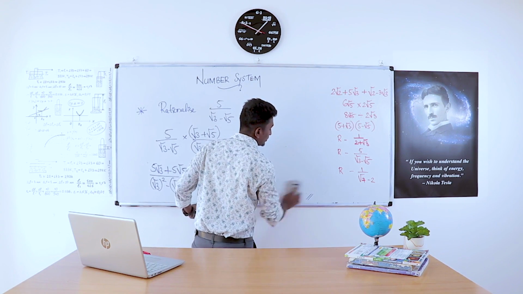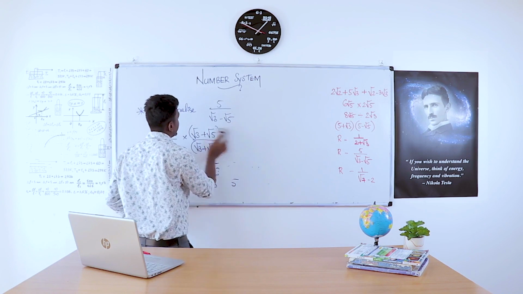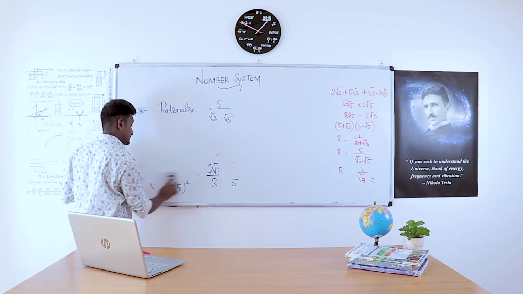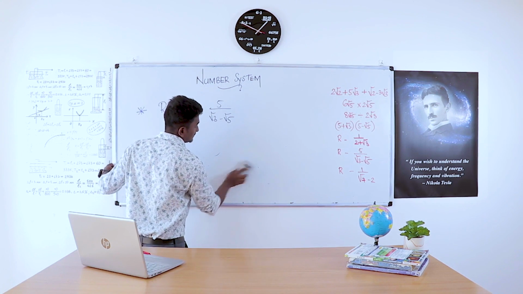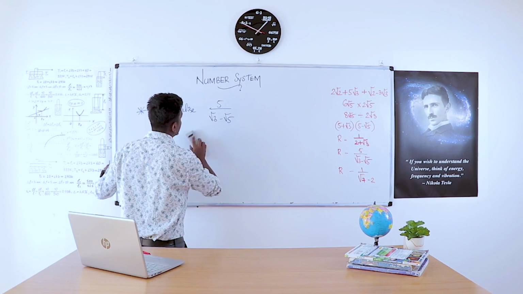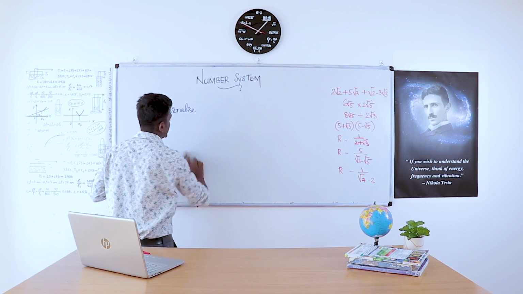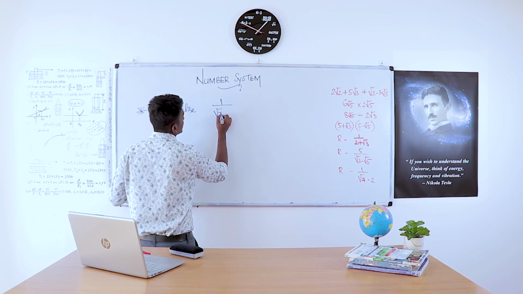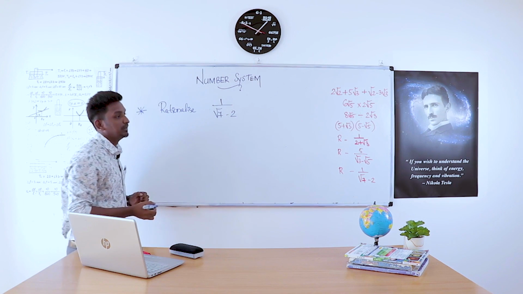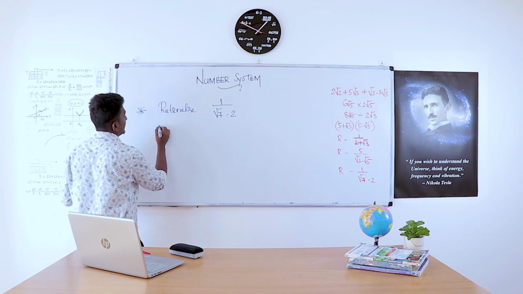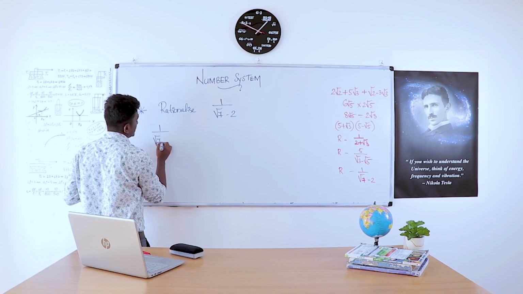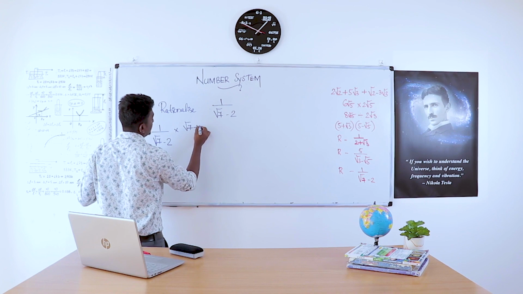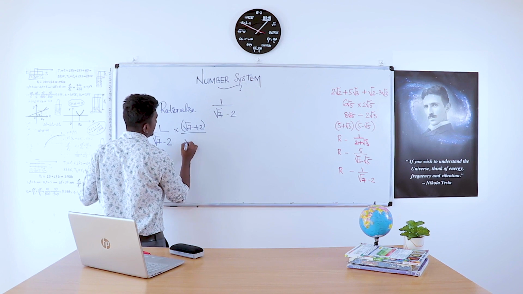Now we can solve one more problem from the same section. Same, rationalize 1 by root 7 minus 2. Same method. For rationalizing, multiply it with root 7 plus 2 in the numerator and in the denominator.